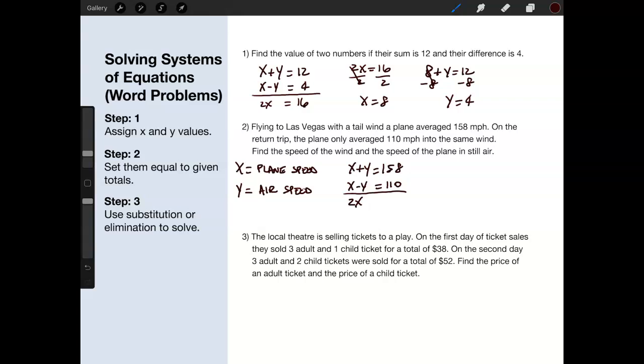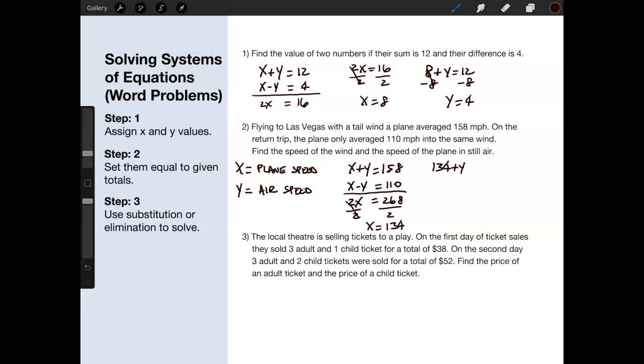Y plus negative y, or y minus y, cancels out. 158 plus 110 is 268. We divide both sides by 2, and we get x is equal to 134. Now we can substitute this into either one of the equations to solve for y.